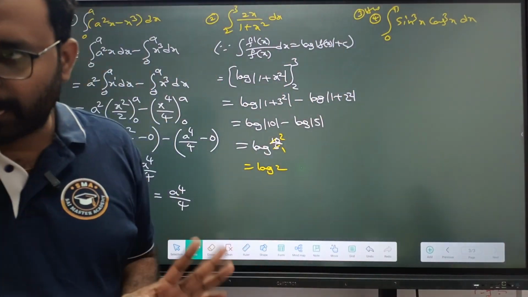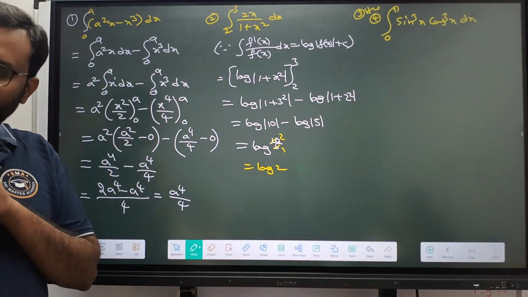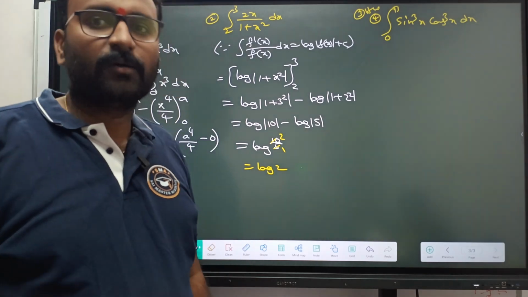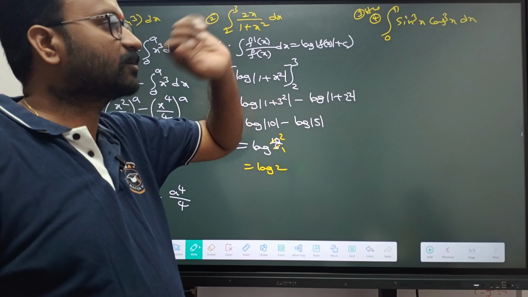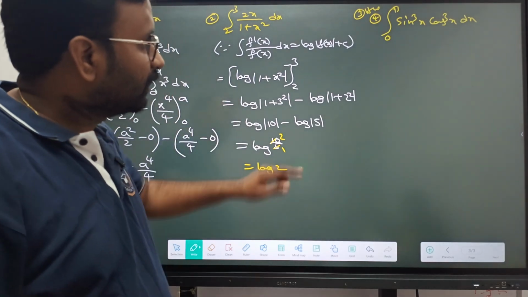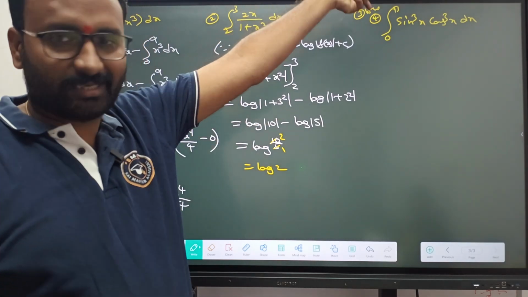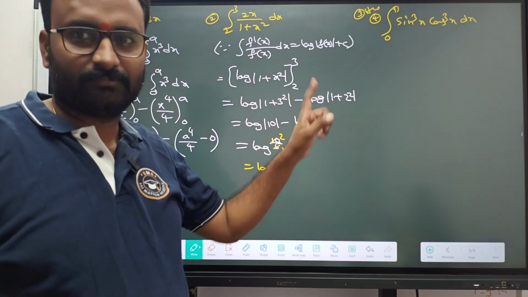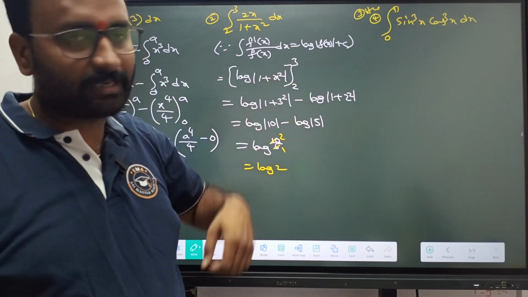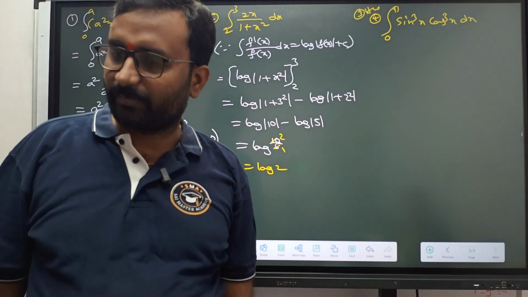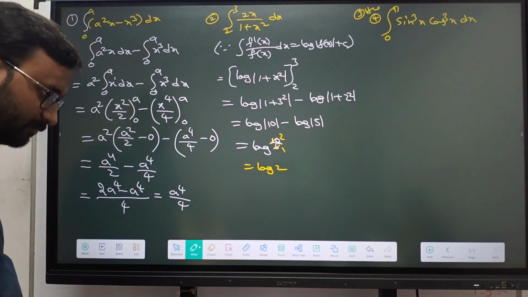So see, in these two questions we didn't use any property, but if you want, you can use the properties. Here I want to use the property. What is the property? The 0 to a f of x dx property, we can use it for 0 to pi. So what is the 0 to a property?